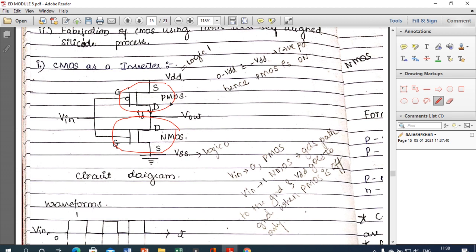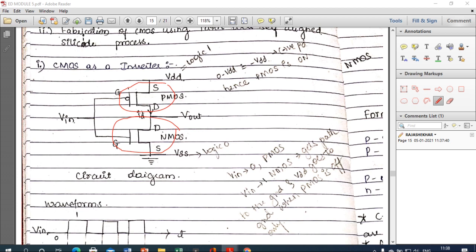So when I come to the PMOS, PMOS has three terminals, that is gate, drain and source, where gate is used as the input, source is used for the power supply, and the drain is used for the next connection. Either it can be connected to the output or to the input of the next transistor.